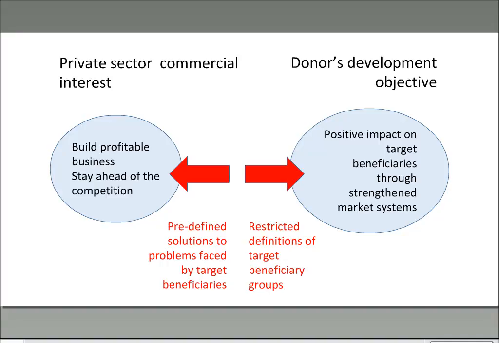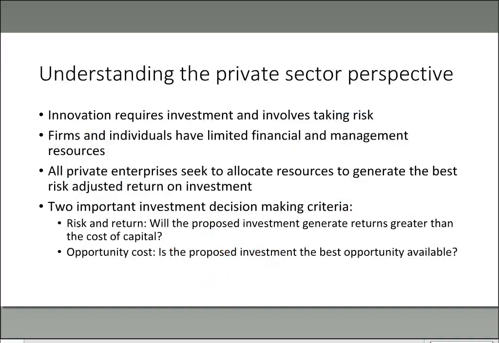So our second main finding is about understanding the private sector perspective. And it's worth re-emphasizing that this applies not only to intervention partners at firms, but also to the target beneficiaries themselves. Achieving sustainable change and impact at scale using market-based intervention requires that firms and individuals invest alongside the development agency.